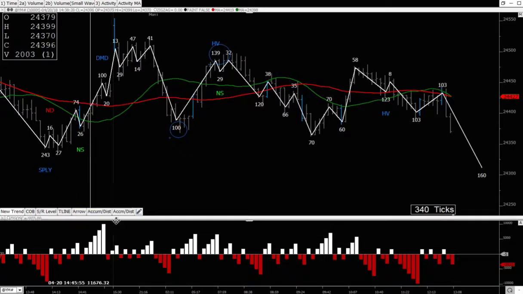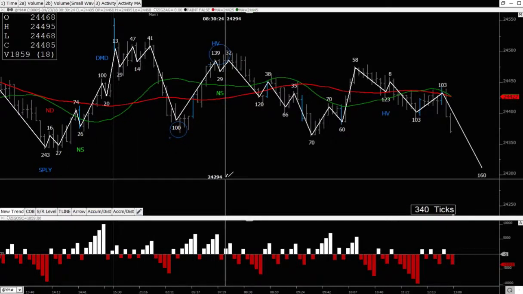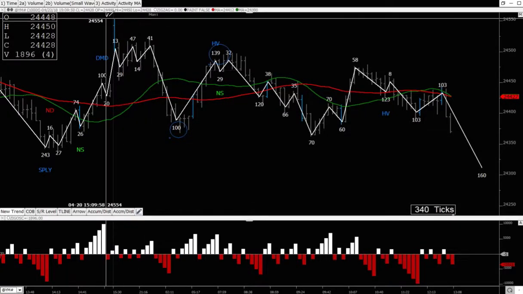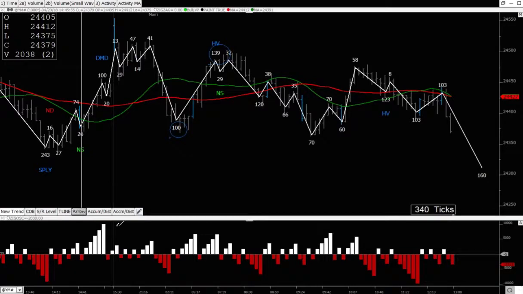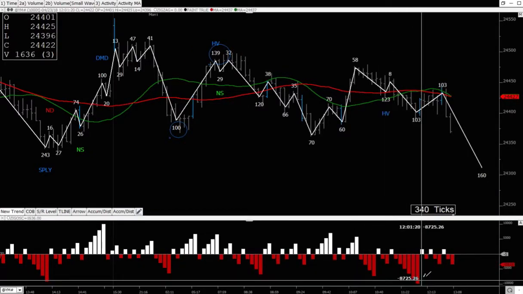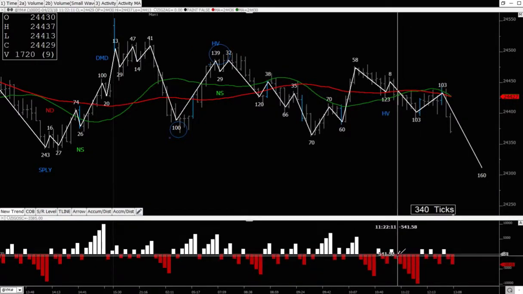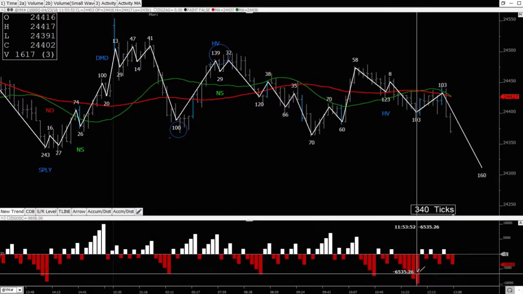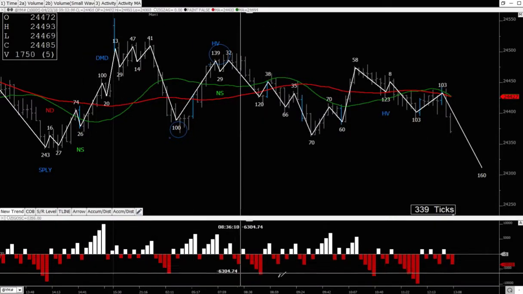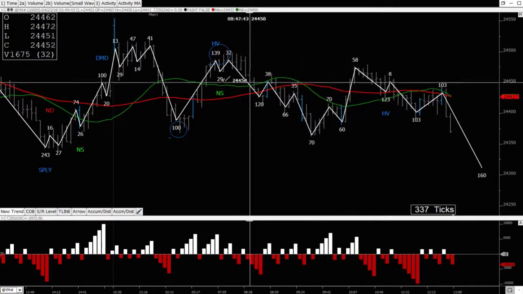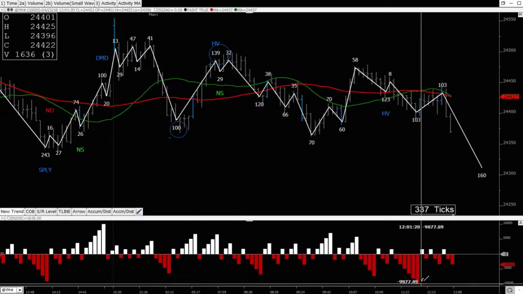So we're just going to look at it from the perspective of pressure and support. Just supply and demand, and right there, this is just clearly obvious. Red, red, red, red, red, red. Biggest wave in all of this. Biggest volume.